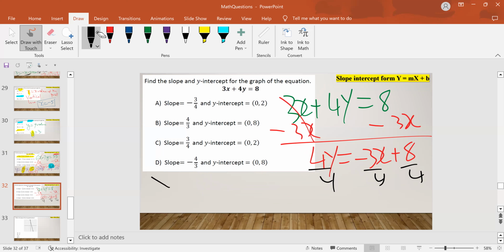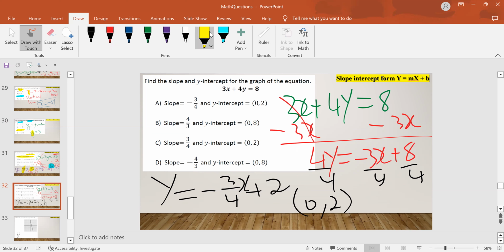I have y is equal to -3 over 4 x plus 2. This 2 means (0, 2). That's the y-intercept. So the slope is -3 over 4, and the y-intercept is (0, 2).